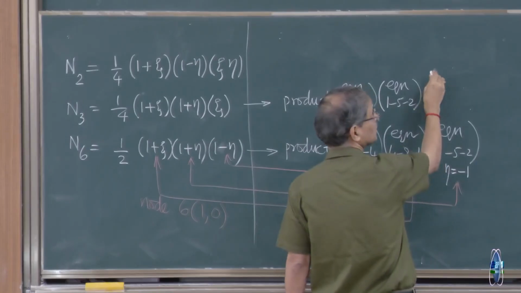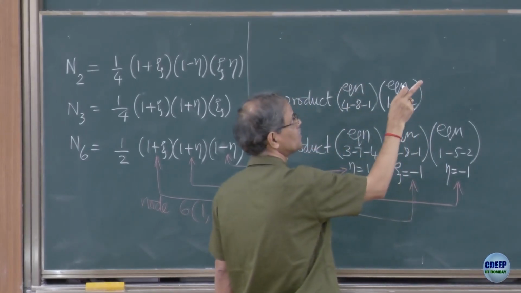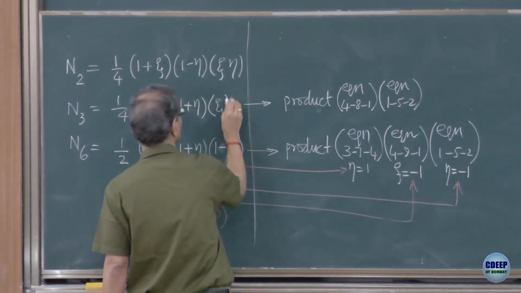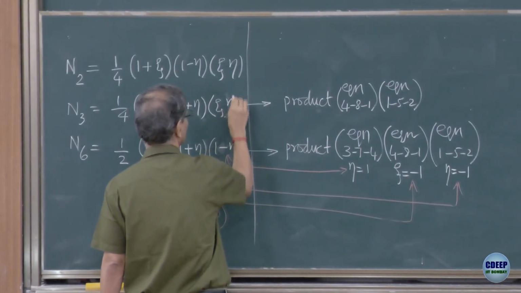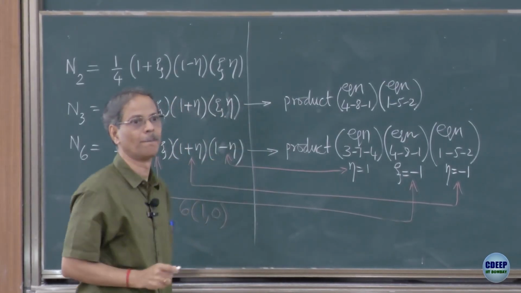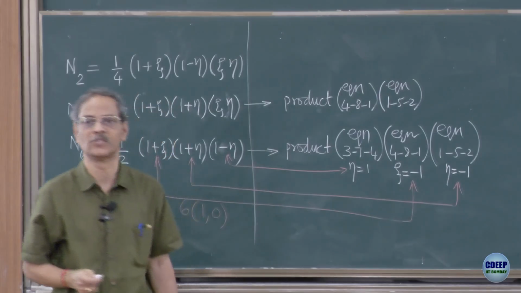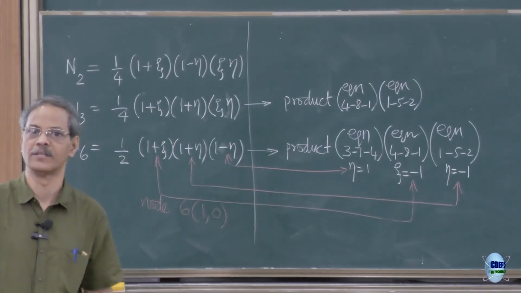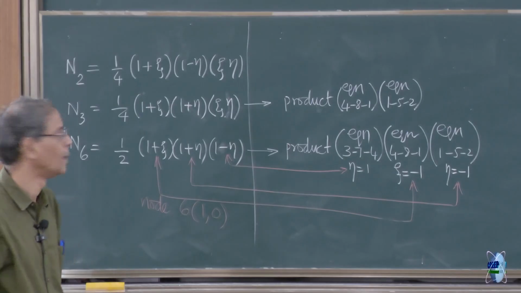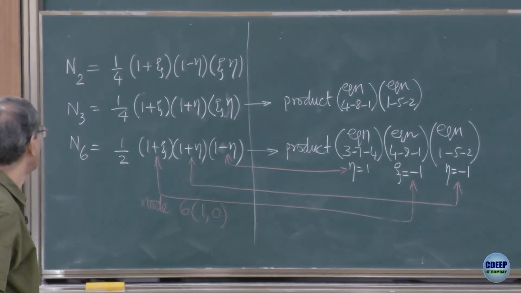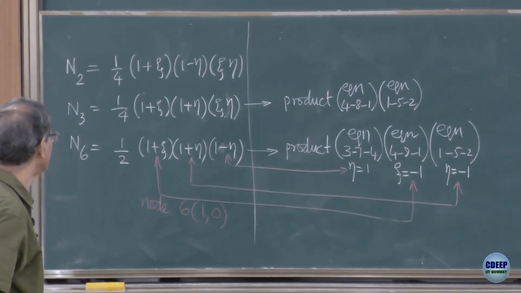So we have to put 6 where eta is 0, and correct, that's what zeta eta has to be. The whole equation is multiplied by -1.